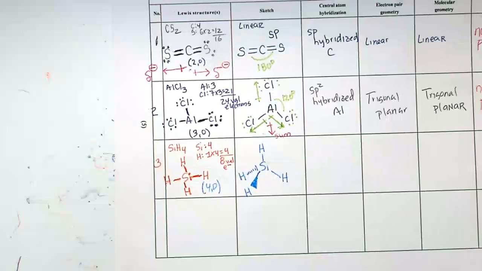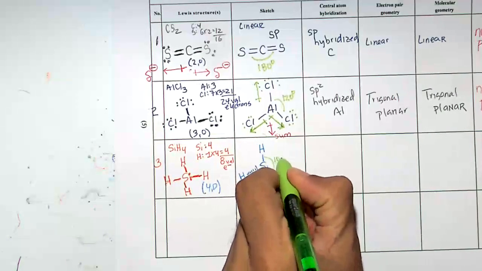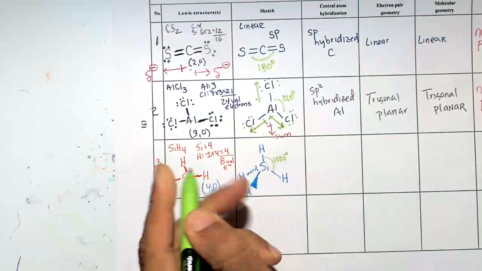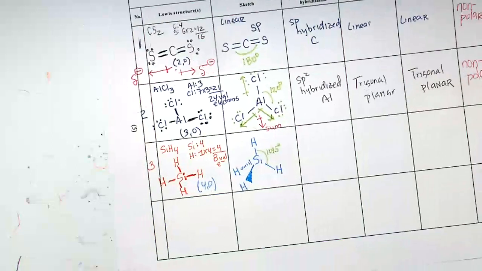So this is the tetrahedron. Okay. Nice angles of 109.5 degrees. Exactly the same as this morning's lecture, CH4.